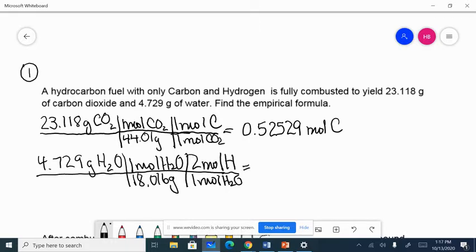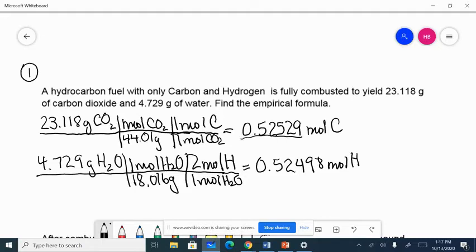So remember, 1 mole of water molecules has 2 moles of hydrogen atoms. And that's going to give me 0.52498 moles of hydrogen. And you can divide these if you want, but you can see that to a very little extent, these are both very similar numbers.